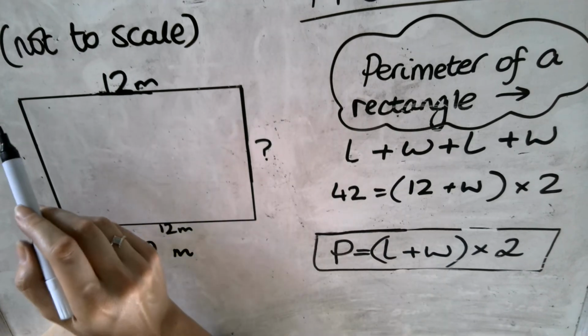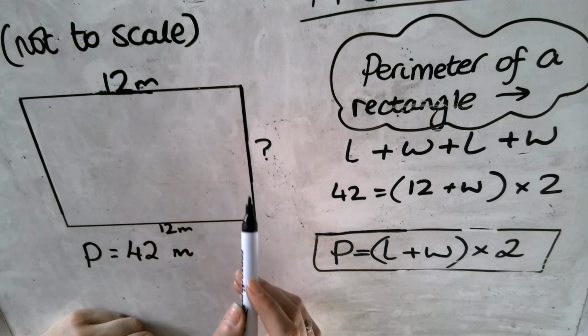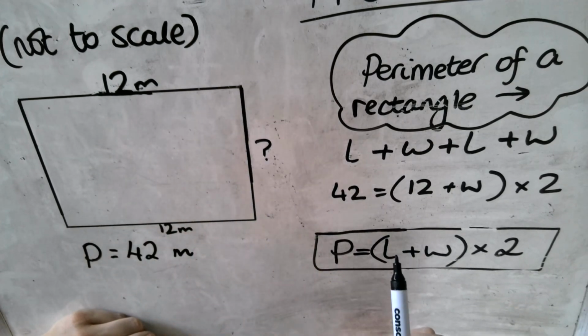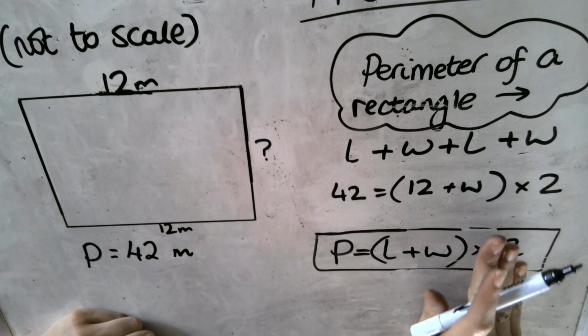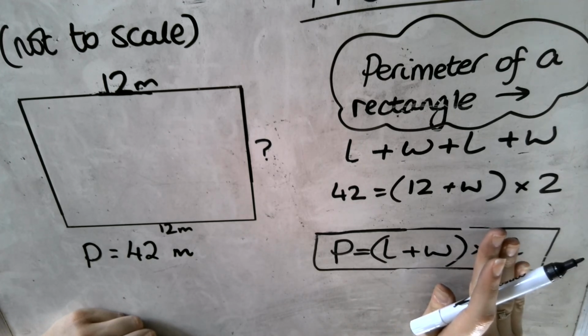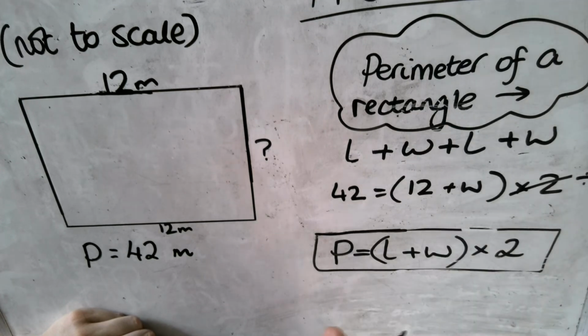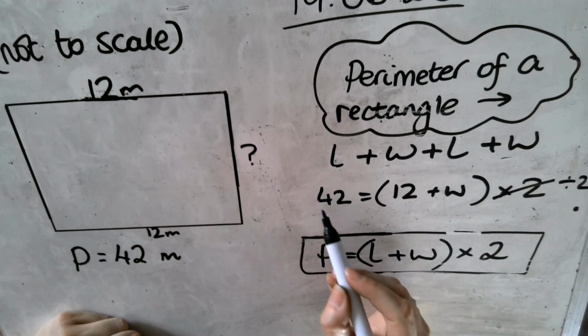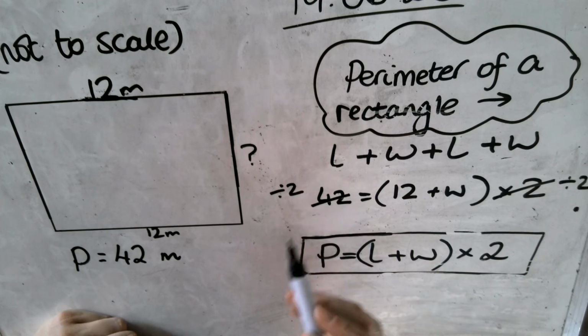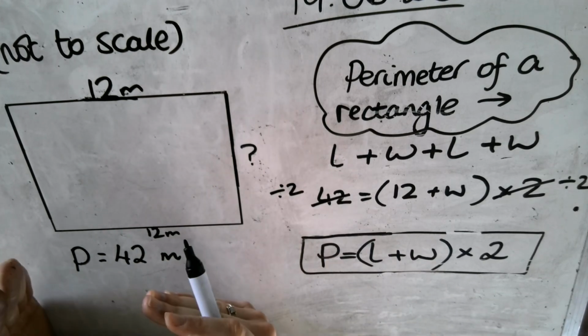Well, we know that length plus width times 2 is 42. Now if we removed the times by 2 part by dividing it by 2, so we go back to nothing, it means we have to do it on this side. Remember, when we do this with fractions, it has to be balanced.